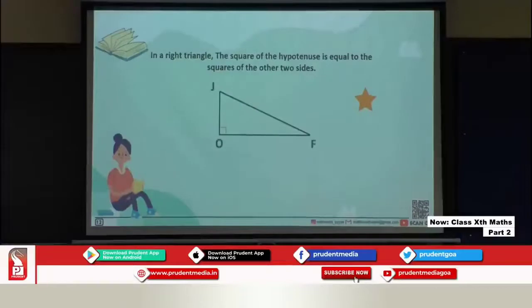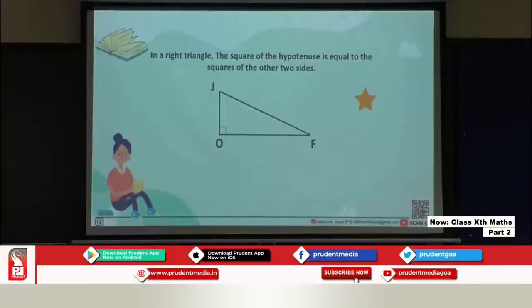If I have a triangle, this time let us give it the name JOF, and there is an angle O which is a right angle. They are saying a right angle triangle, so the first condition is satisfied. What is happening? The square of the hypotenuse, right? So what do we mean by hypotenuse?